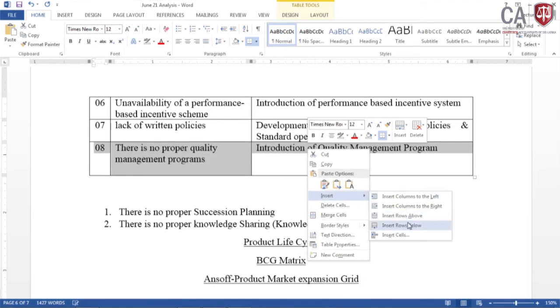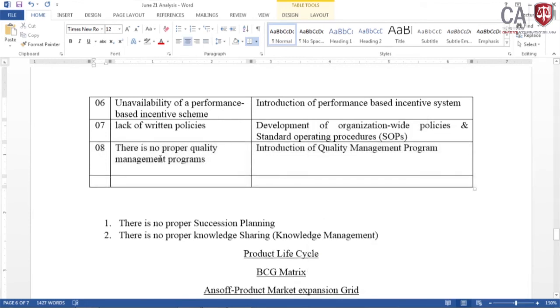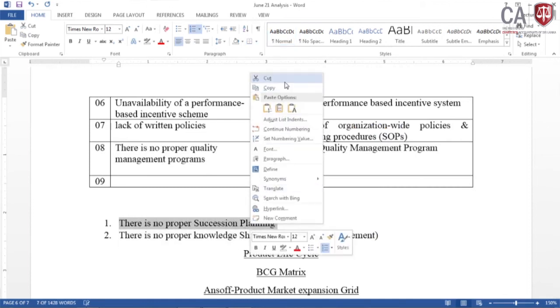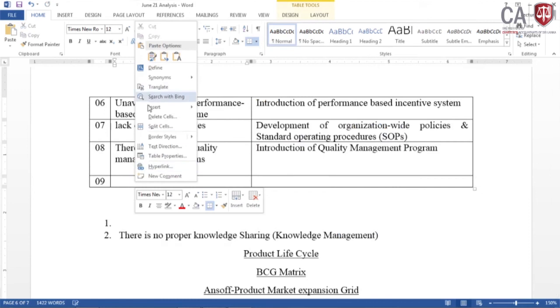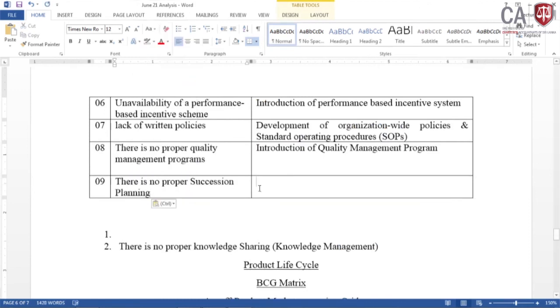Then next one is number 9. There is no proper succession planning. Introduction of, we will say, talent management and succession planning.